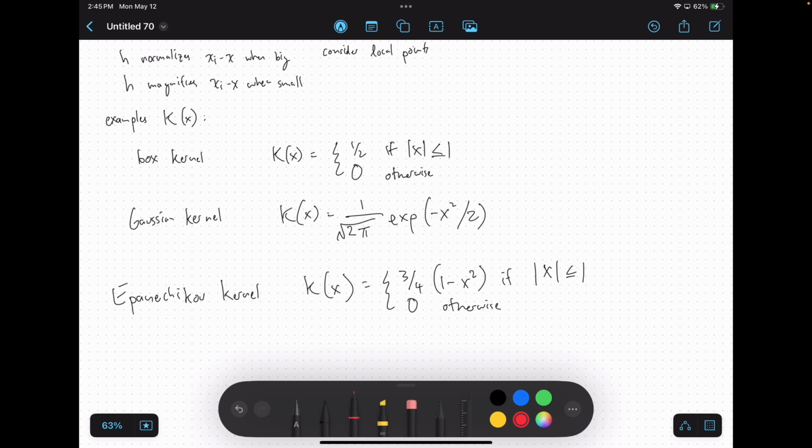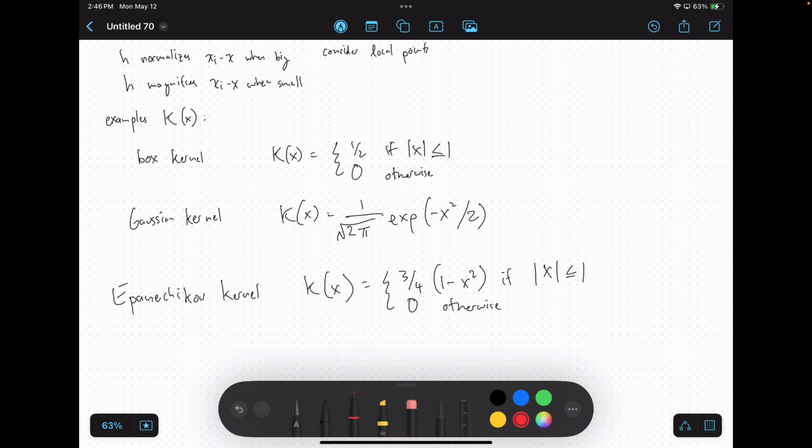You guys can play around with the kernels. We're going to look at some examples of applying the kernels, and you can see, depending on the choice of your function, the way that the kernel converges to a particular fit will differ between a box, a Gaussian, or an Epanechnikov.